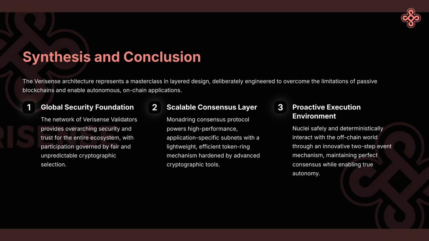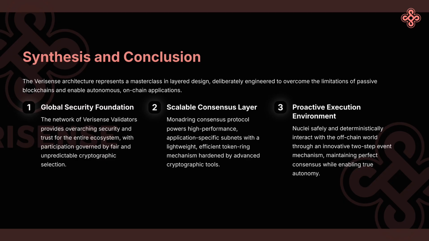This strong foundational layer supports the development of high-performance, application-specific subnets. These subnets operate using the Monadring Consensus Protocol, which is a lightweight, efficient, and secure token ring mechanism fortified by advanced cryptographic tools such as verifiable random functions, VRFs, fully homomorphic encryption, FHE, and threshold signatures. Within these secure and scalable subnets are the nuclei, which serve as proactive execution environments where decentralized agents operate.